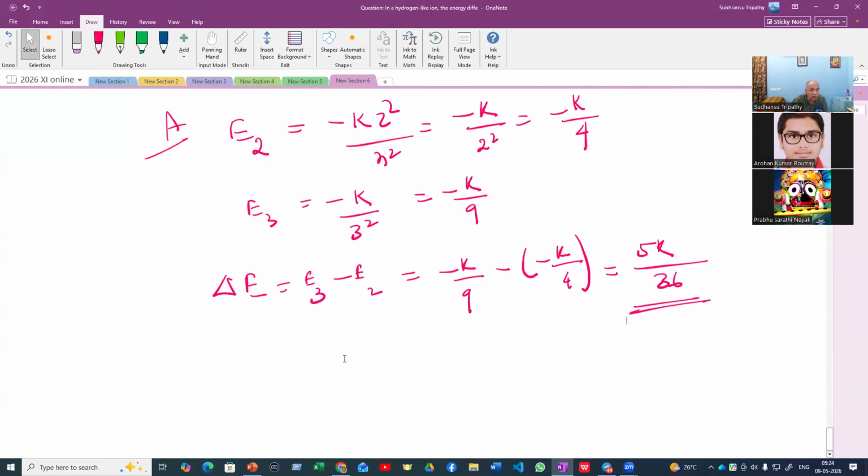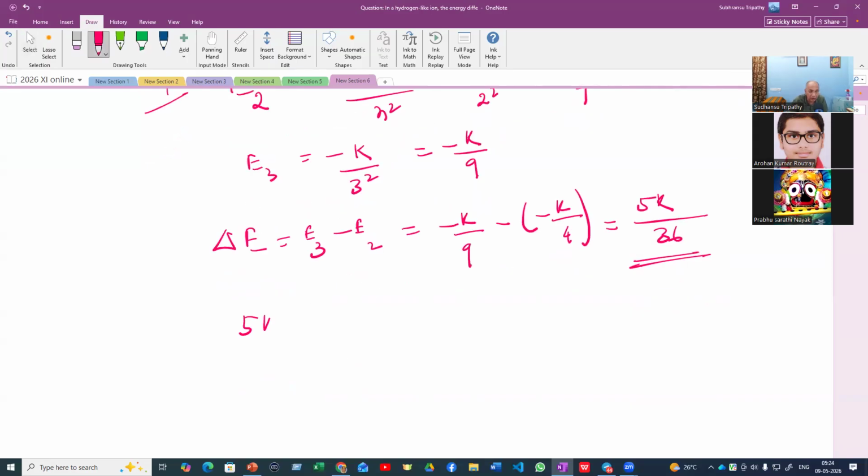So this is equal to hc by lambda according to Planck's quantum theory. According to the postulate of Bohr, Planck's quantum theory is used as one of the postulates. So 5K by 36 is equal to hc by lambda. So you find out this way. This time, don't give me a wrong value.